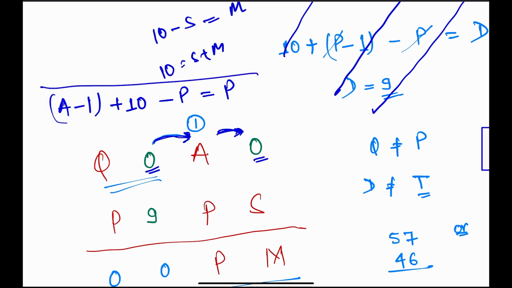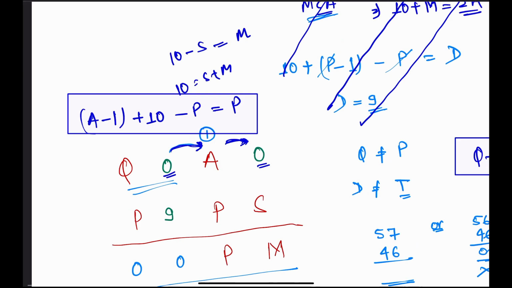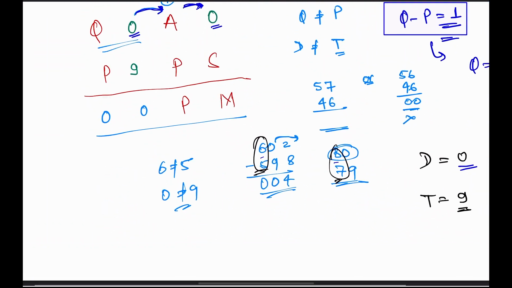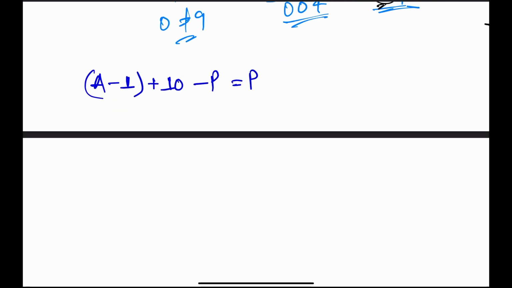So if we solve this equation, let's write nicely now. A minus 1, then plus 10 minus P equal to P. So I can rewrite this as A plus 9 equal to 2P, right?